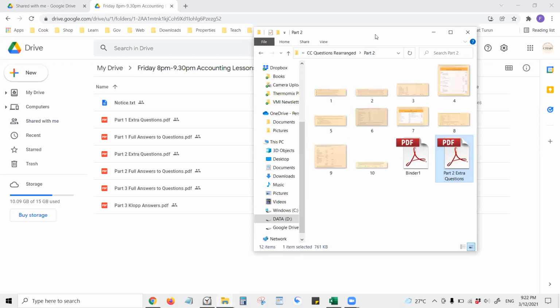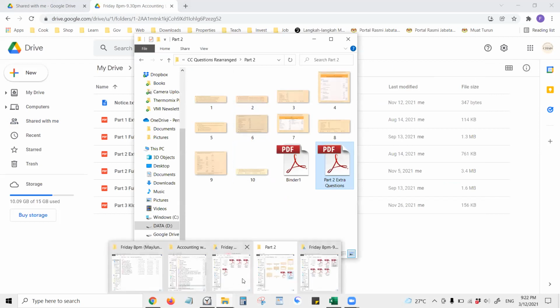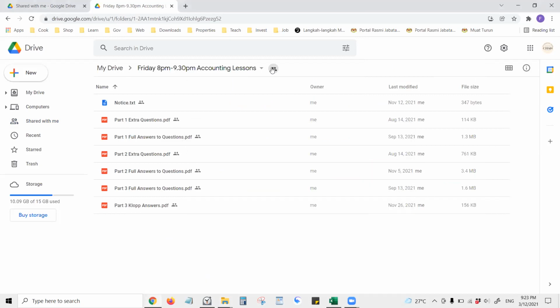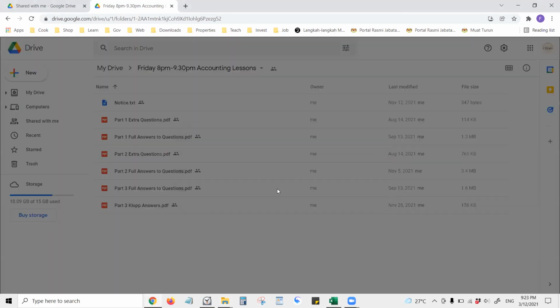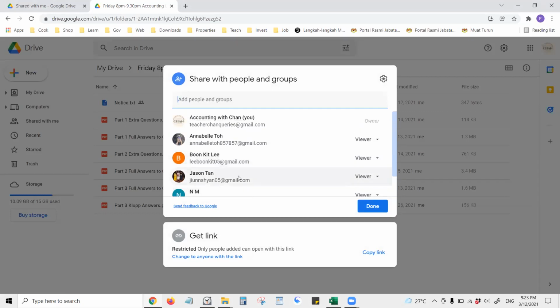Of course, you have to log in first. You have to log in to your Google account first. Then you try to check. Is this your email, Jason?